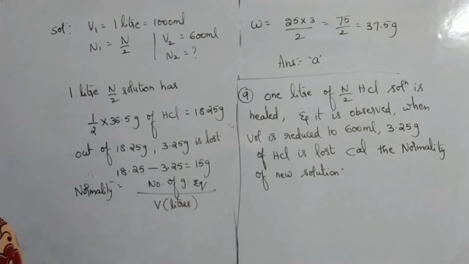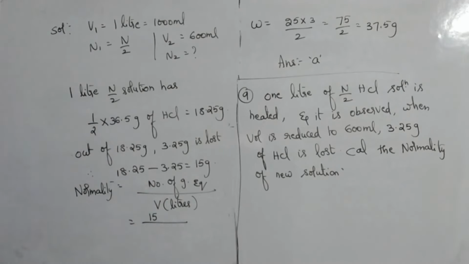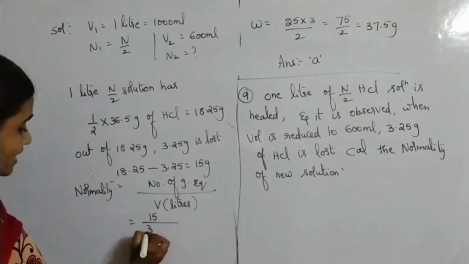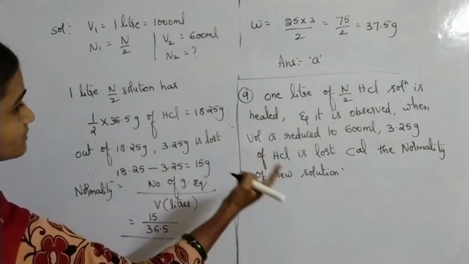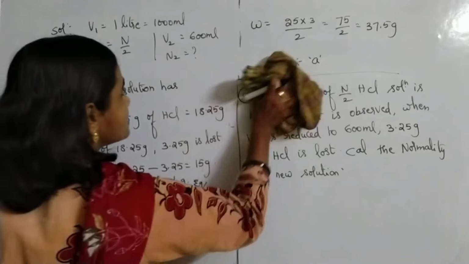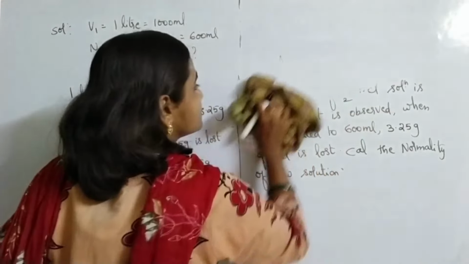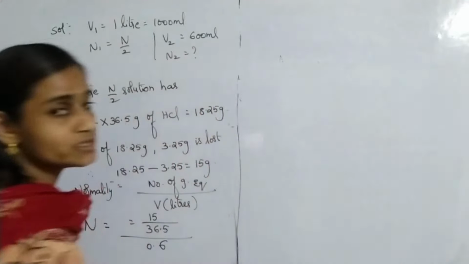Number of gram equivalents is given weight by gram equivalent weight, for HCl 36.5, whole by volume in liters. 600 ml means 0.6 liters. So you have to simplify these values, and you will get the normality of the new solution.